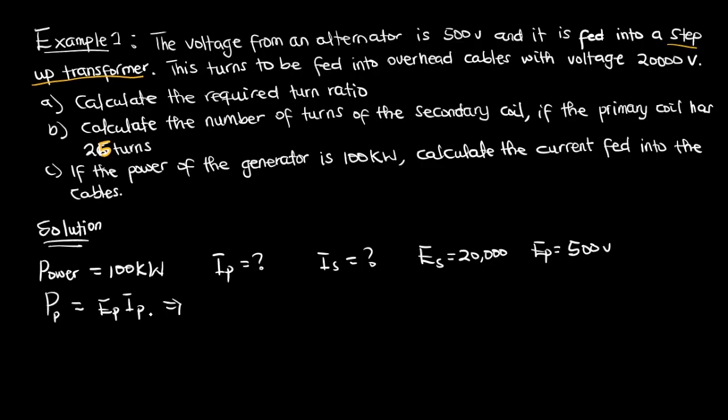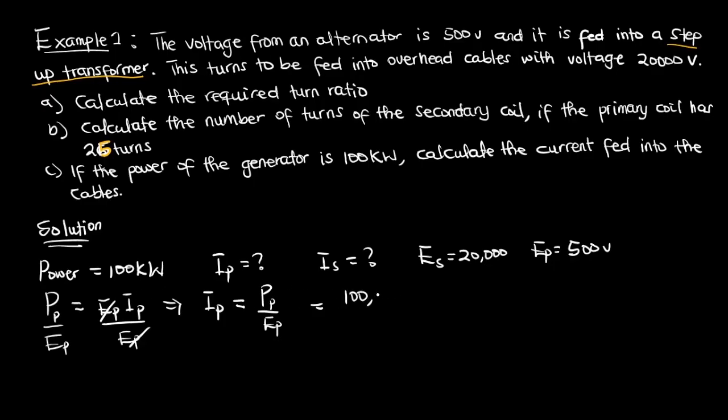So therefore, from here, to find the initial current, or the current fed into the primary core, it means that IP is equal to the power, okay, divided by the EMF, right? It means we divide both sides by EP here, EP here. So this will cancel this. Our IP becomes PP over EP, right? Now these are just initials, right? So our answer over here is that our power, which is 100,000.